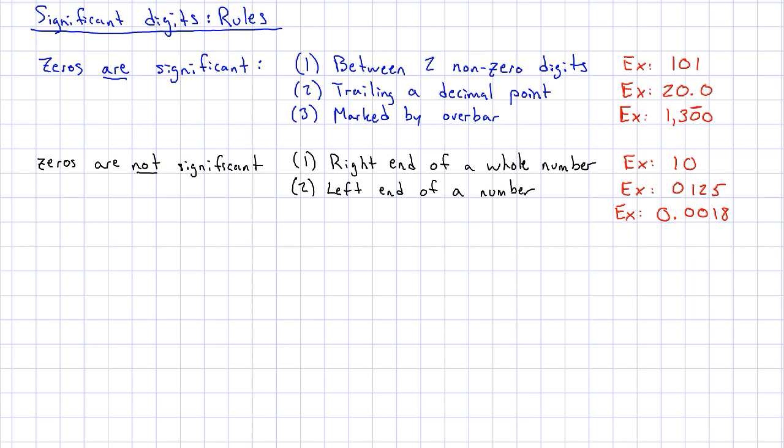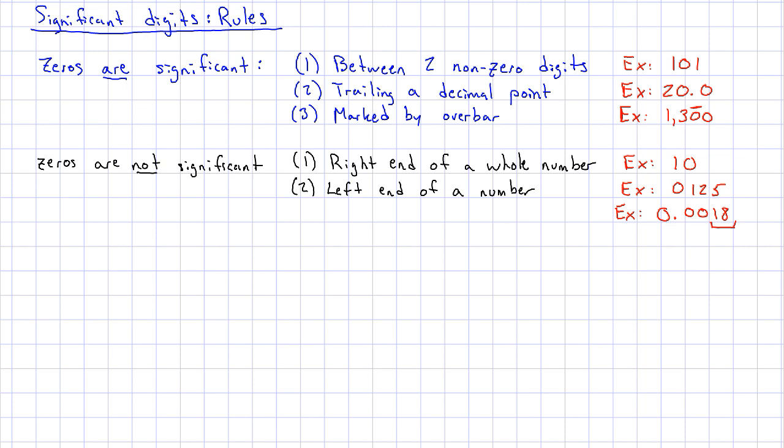That is not the case. This number, 0.0018, has only 2 significant figures. These leading zeros at the left end of the number do not count.